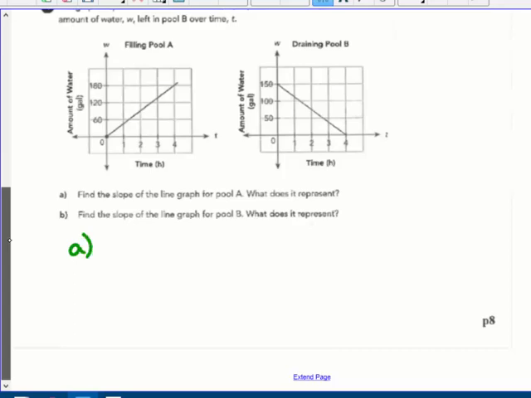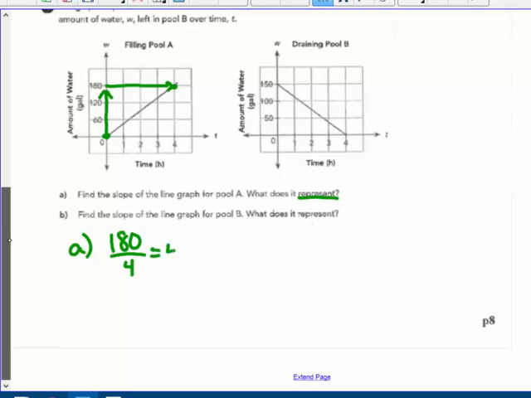So A is going up by, and I'm going to pick this point, and I'm going to use the graph paper. It's going up 180. I'm not going to use the slope formula. And it's going over 4. So what does that represent?